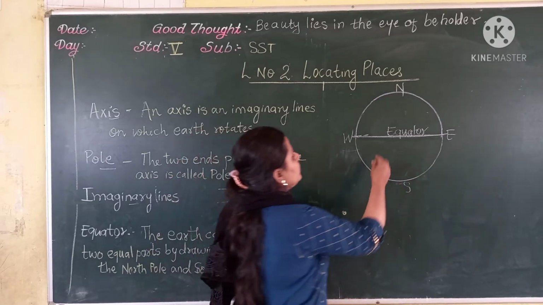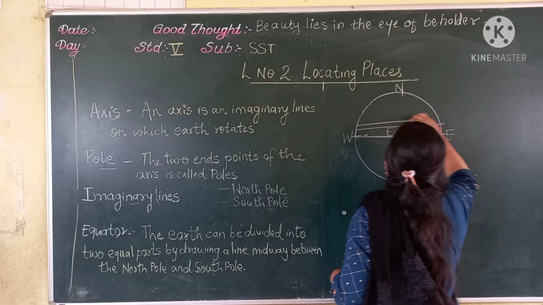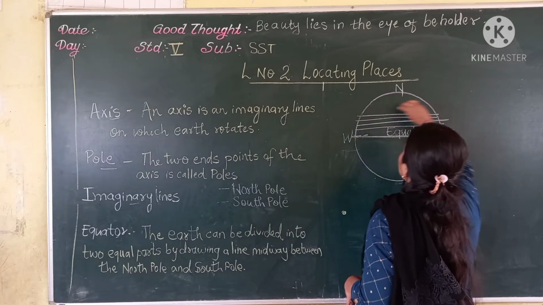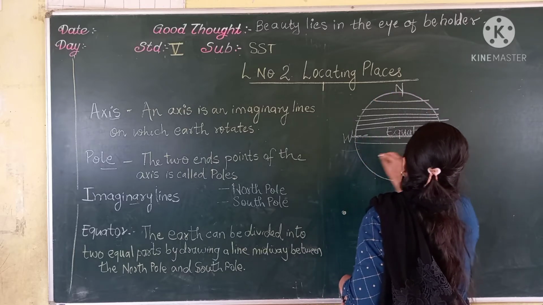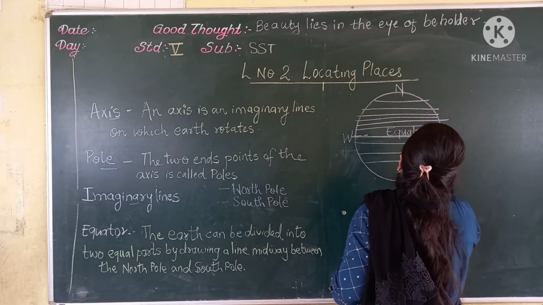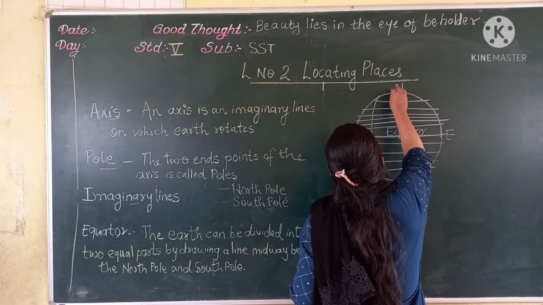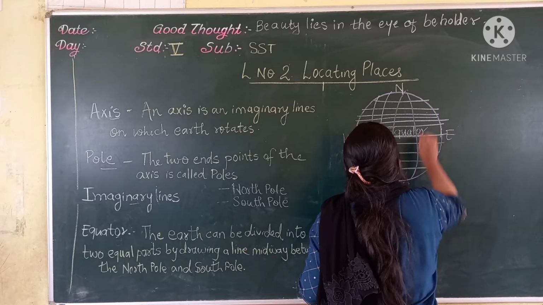I will draw here a horizontal line. So, these lines are parallel to each other. So, this is known as latitude. Okay, this line is known as latitude. And the lines which are drawn vertically, that is known as longitude.